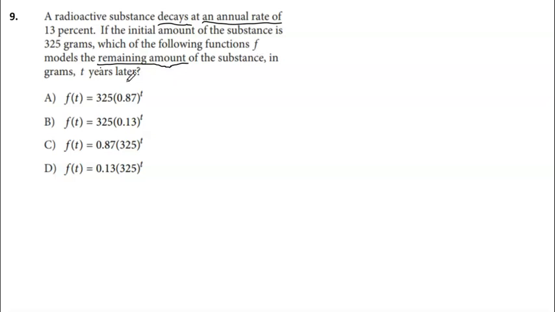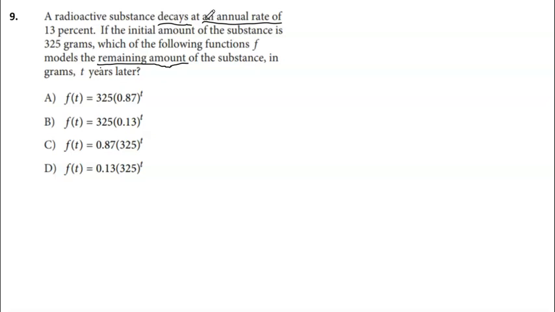So here we are interested in what remains with time, not the decayed amount itself. With percentages, if you are losing, you have to subtract from 100%. If you are gaining, you have to add to 100%.